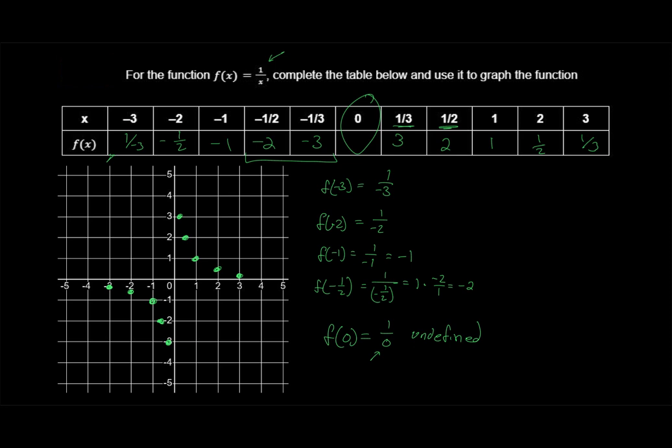What this means on the graph is that there is what we refer to as a vertical asymptote right here, which is a line that the graph approaches but can never actually reach.